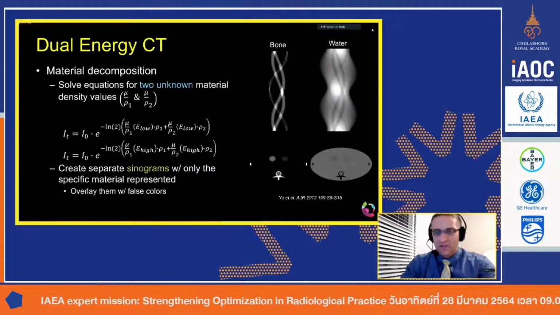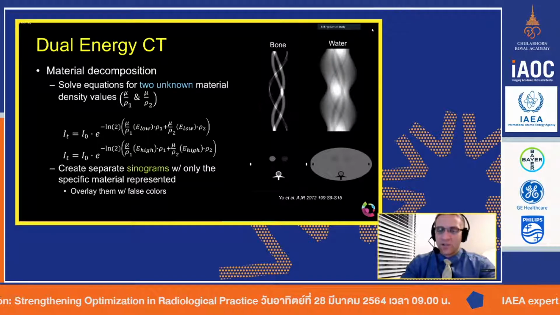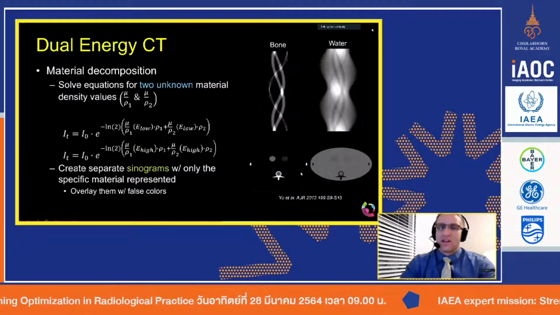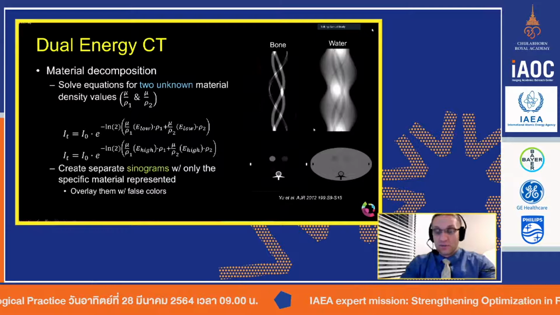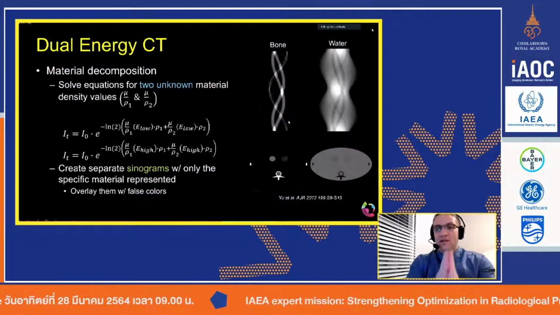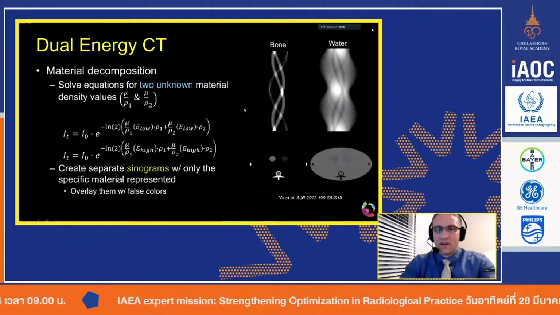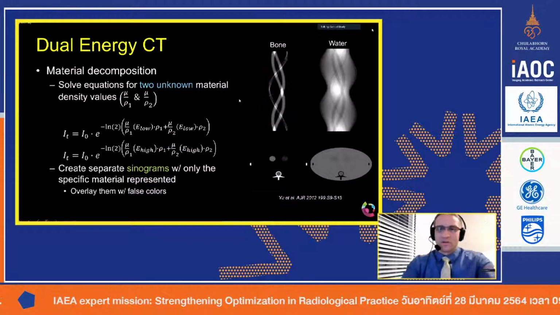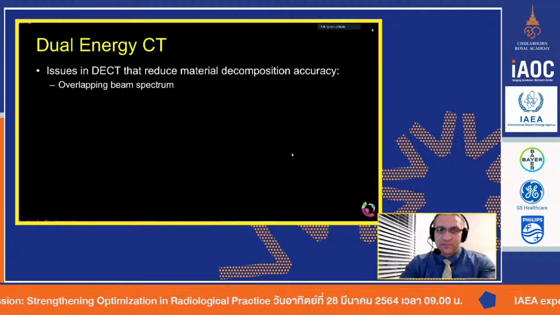Obviously it's mostly calcium, but it's going to have some low atomic number components. So there's never a perfect separation of all materials, but it's pretty good because their effective atomic numbers are distinguished enough. Bone is real high, water of course is real low. We can still do a really good job identifying them.